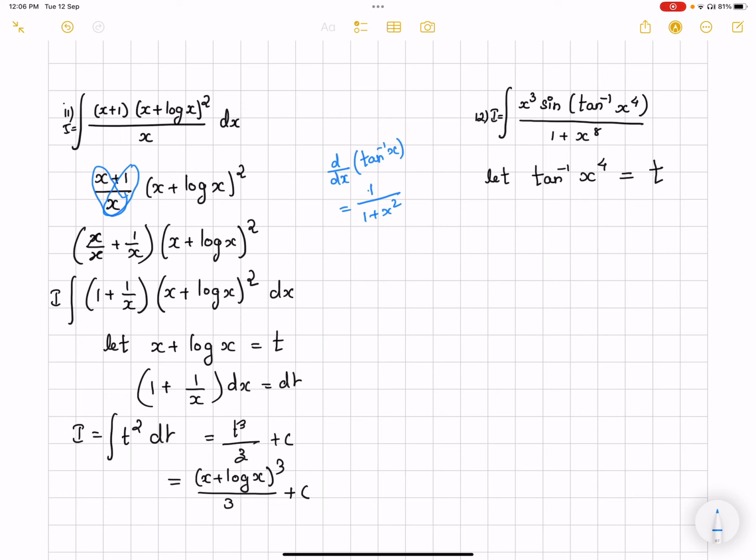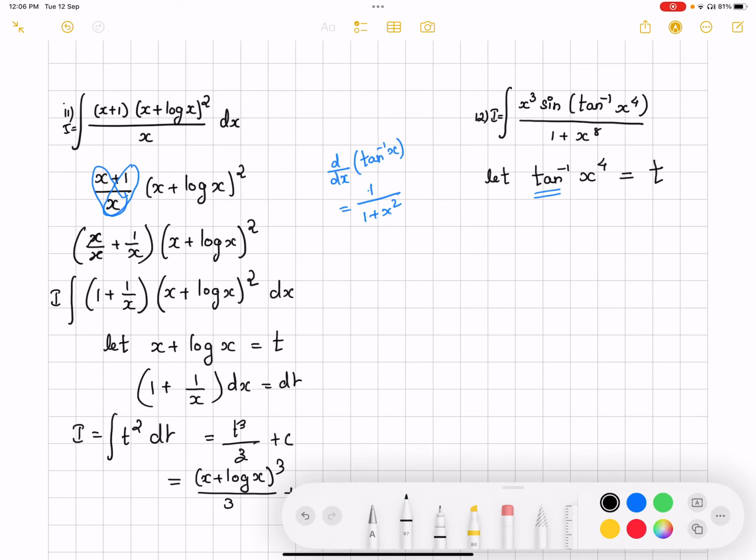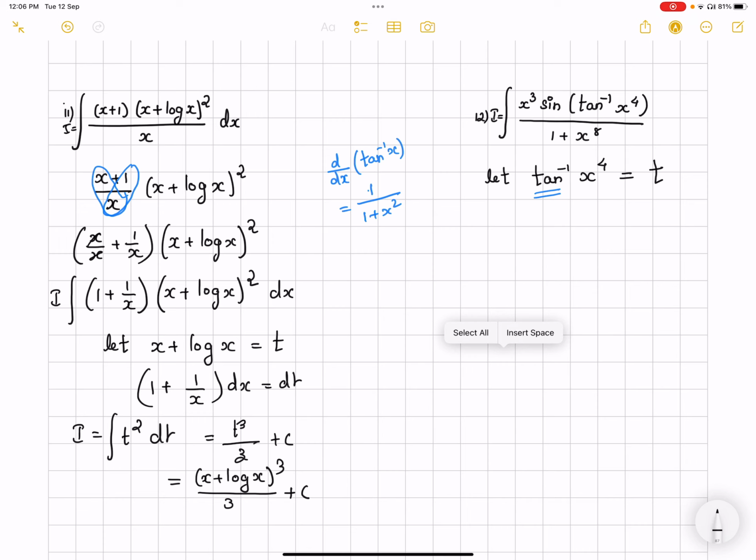Okay, see, it's a composition of two functions. I would be using a chain rule. First, I would be differentiating for tan inverse. So when I differentiate for tan inverse, I would be getting 1 divided by 1 plus (x power 4) whole square. And then I would be differentiating the child function. Mother function was tan inverse, child function is x power 4.